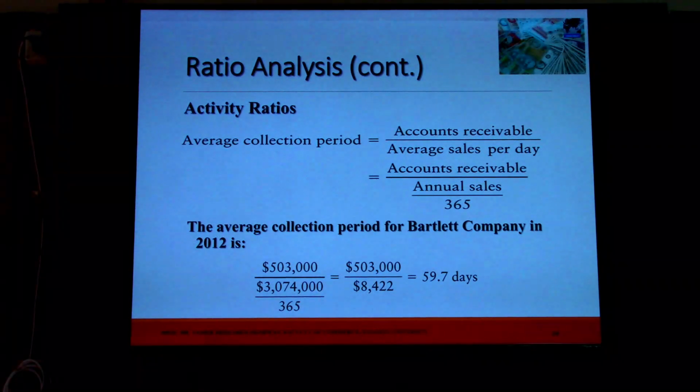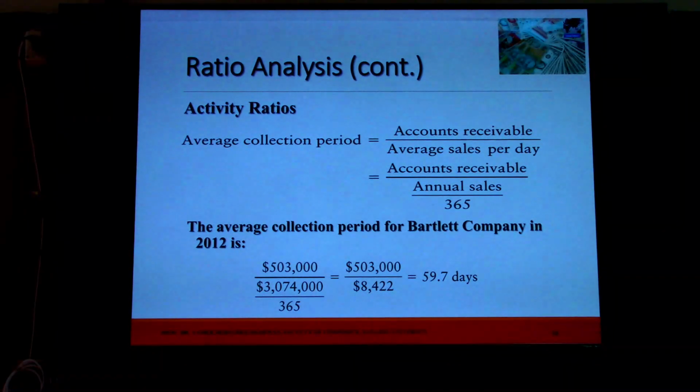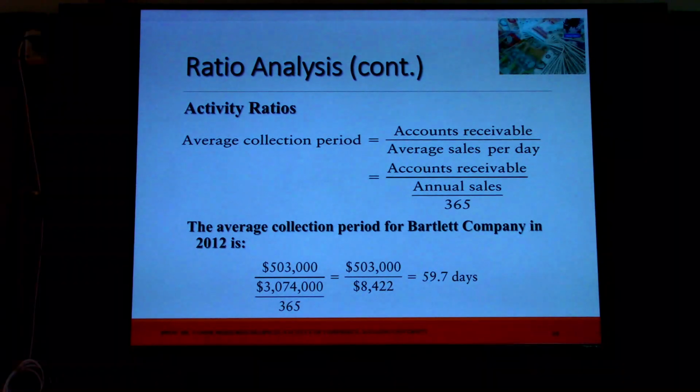As you see in this example, we determine accounts receivable from the balance sheet, which is equal to 503,000, and then we determine annual sales from the income statement, which is 3,074,000, divided by the number of days per year, 365. So this is equal to 59.7 days, almost 60 days.